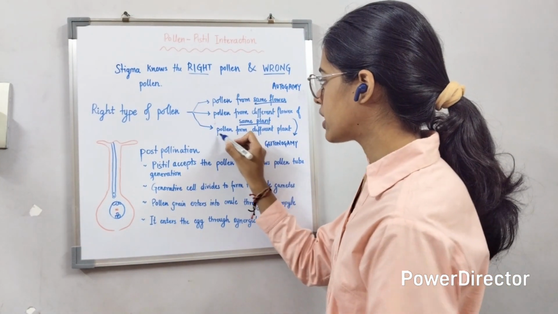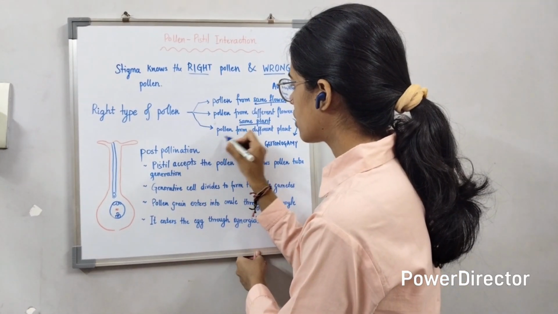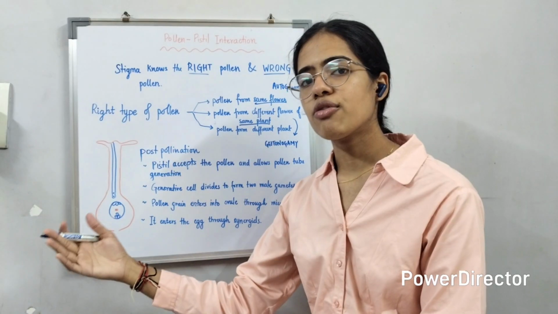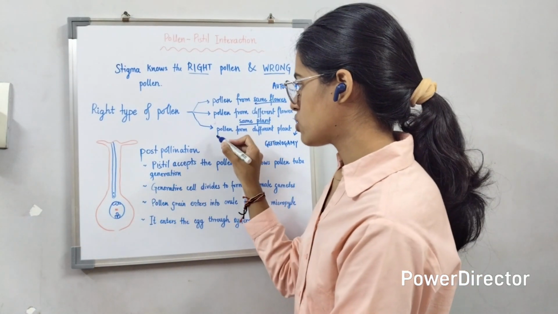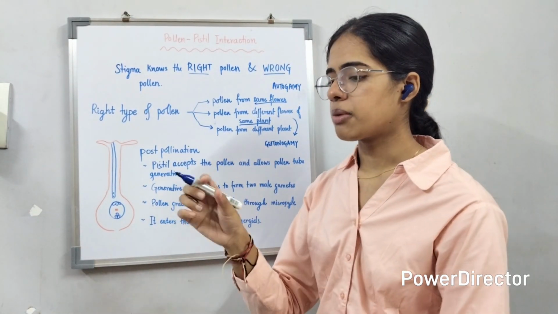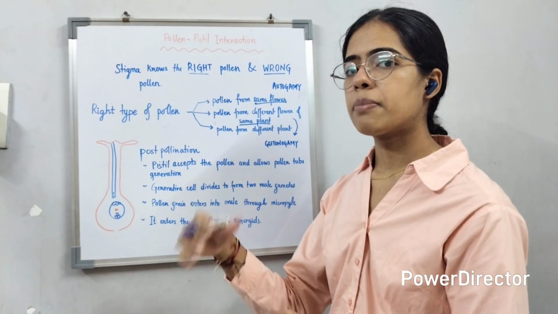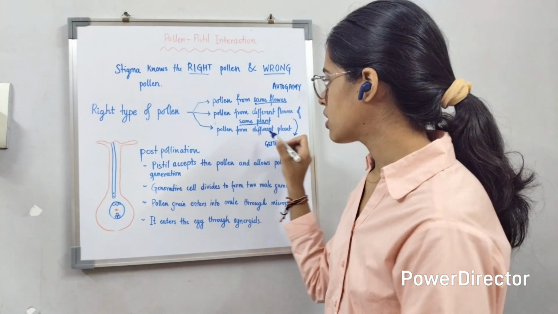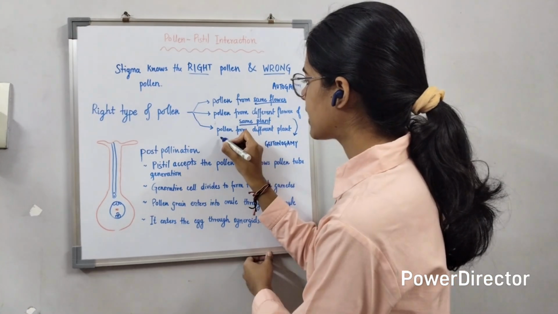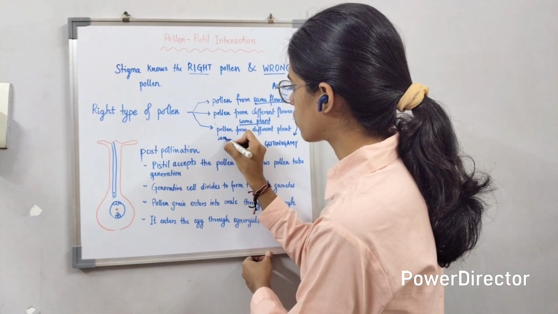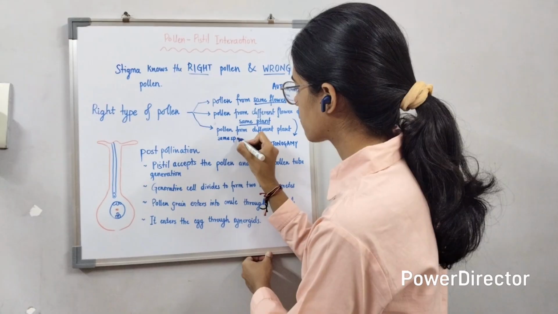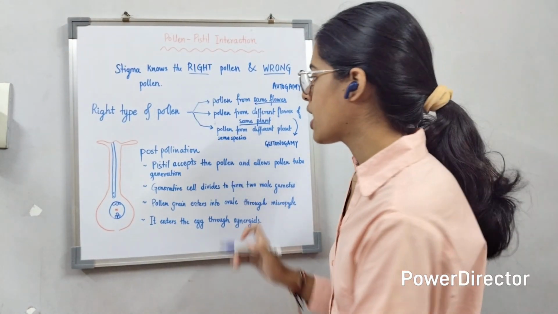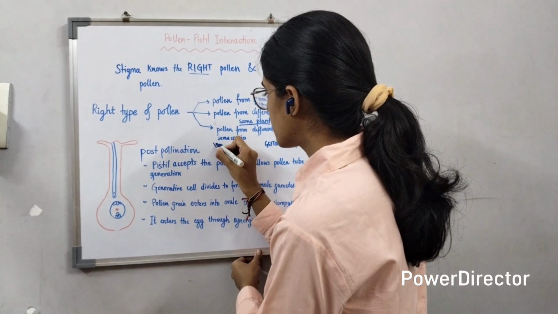These pollen grains transfer from the stamen of a flower of one plant to the pistil of another flower in another plant. So here the pollen grain is going to a different plant, but they are of the same species, which is to be noted. This type of pollination is called xenogamy.